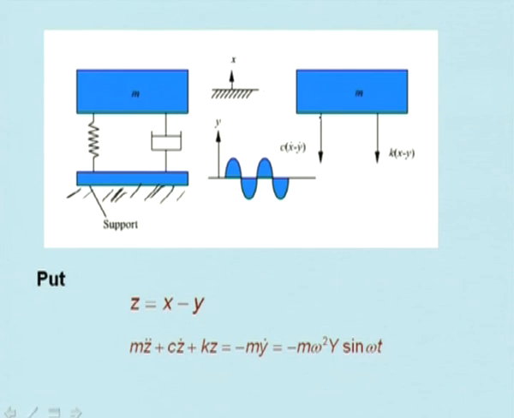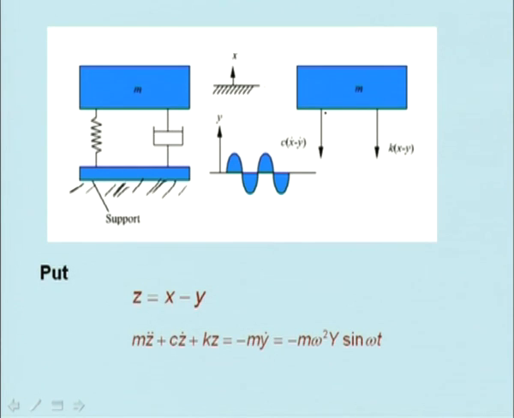Similarly, the net velocity of the mass from an inertial reference frame, meaning an outside observer on a fixed frame, is x dot minus y dot.